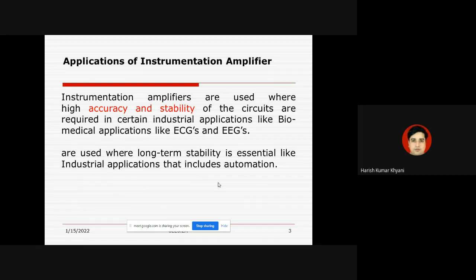Yes, ECG stands for electrocardiography, whereas EEG stands for electroencephalography. You can check this on the net once. And these instrumentation amplifiers also find application where long term stability is essential, particularly in the automation sector. So these are some application aspects.